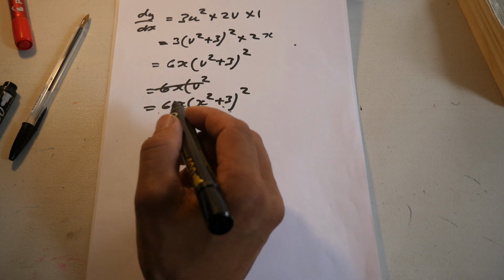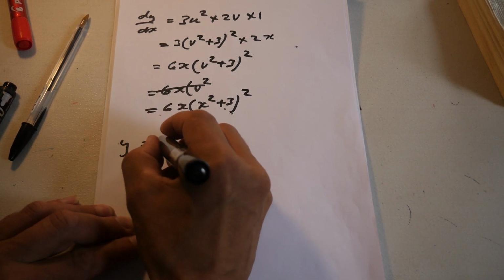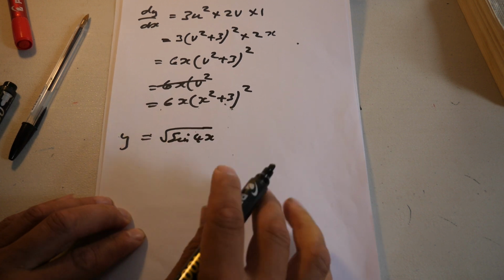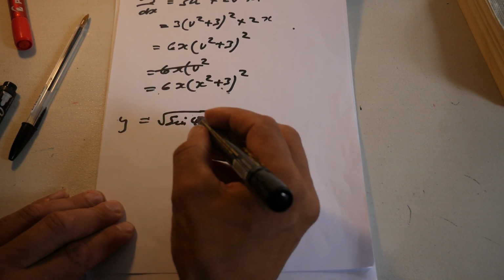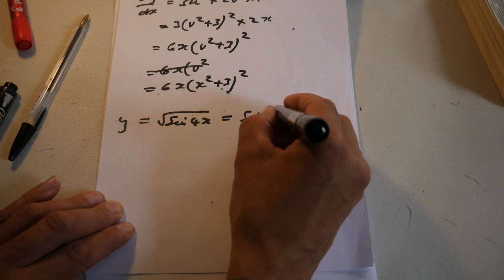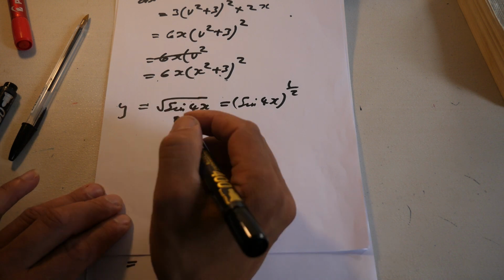Right, another example, if y equals the square root of sine 4x, okay, so that's equal to sine 4x to the power of a half.